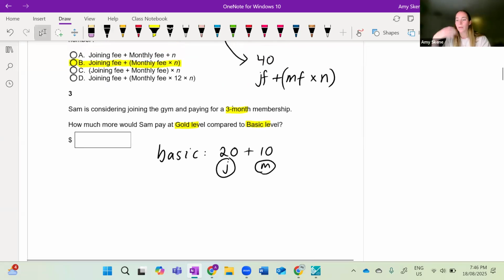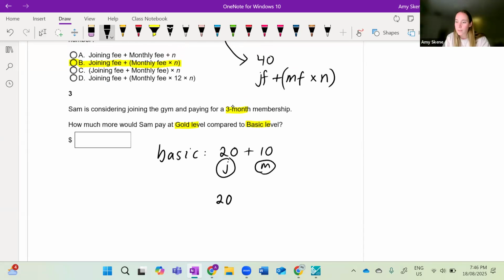So if I use the formula that I just answered in question 2, I've got the joining fee of 20 and I'm going to add on the monthly fee, which is 10, and I'm going to multiply that by 3 months. So 10 times 3, I'm going to do that first, that is 30, and then I'm going to add on that 20, so 20 plus 30 is equal to 50. So that is the basic level.